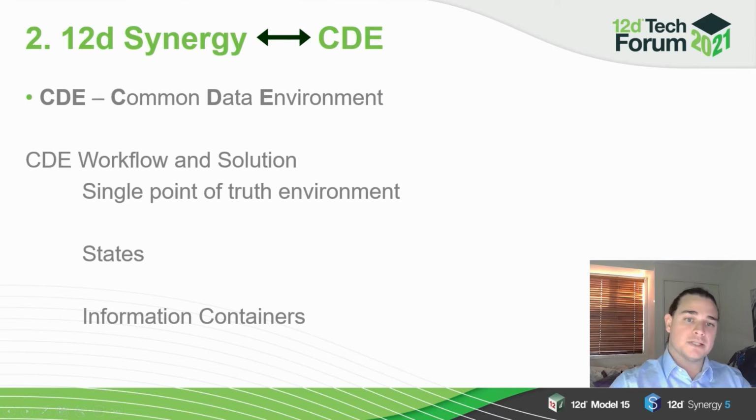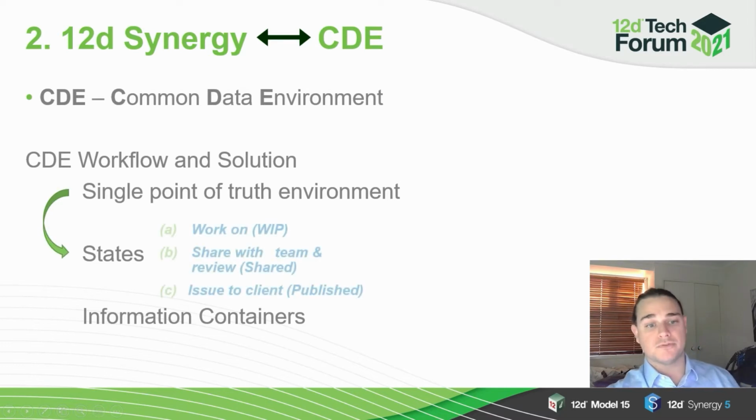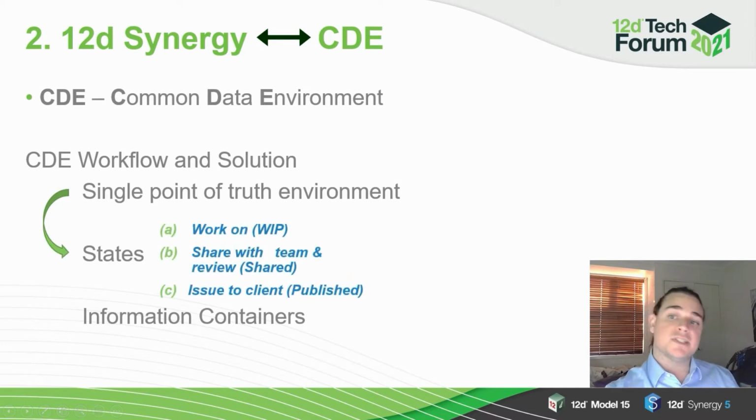Where ISO 19650 helps us add some color to the picture is it treats information in this single point of truth in terms of states of information. And if you recall from an earlier slide, we spoke about the concept of working on some piece of information or creating some piece of information. Then we spoke about how we need to share that information with our wider team, or essentially share.